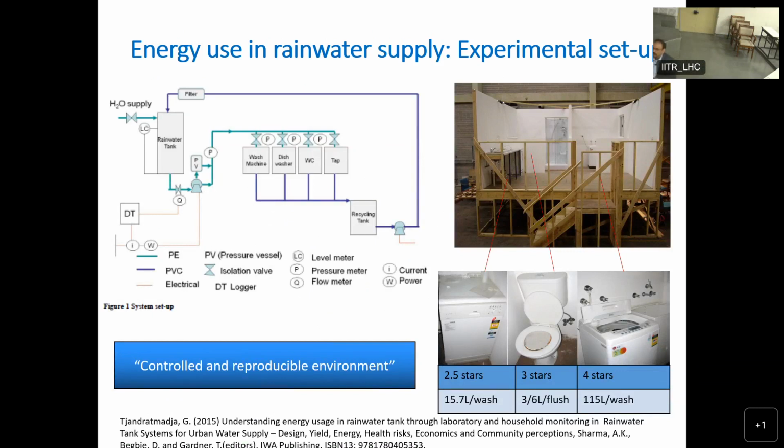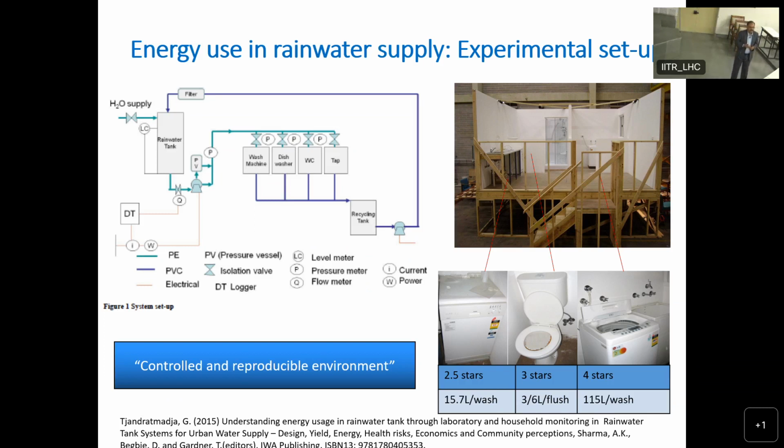So what we did was some lab experiments where we estimated how much water and how much energy is required for providing water services to washing machines, toilets, and dishwashers. So we estimated the amount of energy required by using different types of pumps.